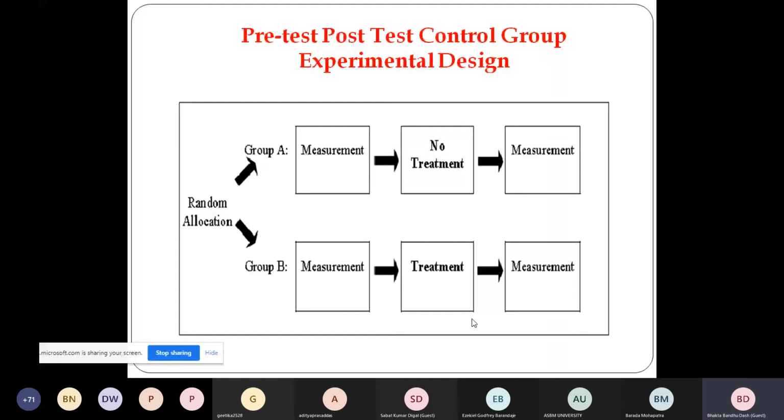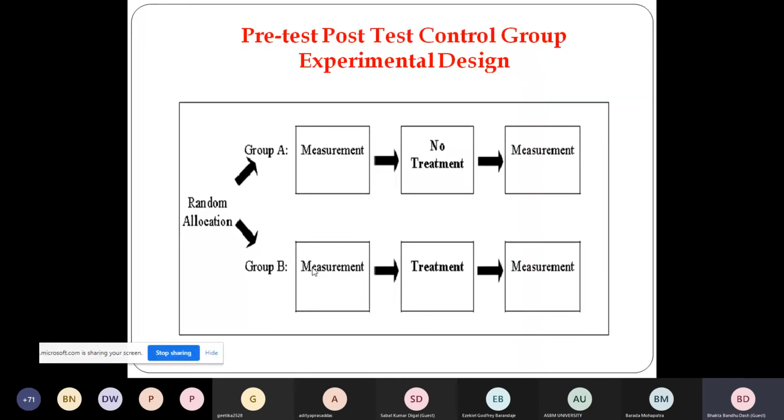Group A is provided no treatment condition, like a control group. Group B is an experimental group provided with a treatment condition. That means the impact of pre and post-training in presence of treatment, and pre and post-training in absence of treatment, is being assessed. That is pre-test, post-test, control experimental design.